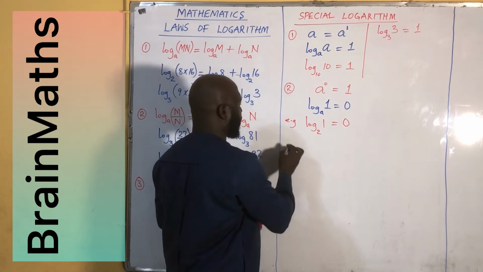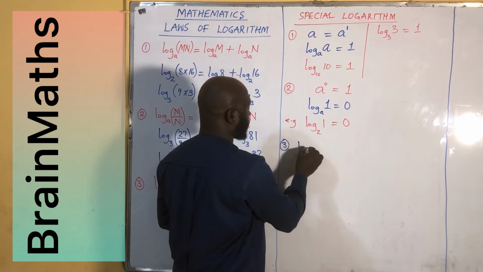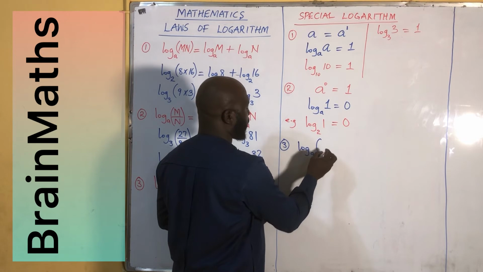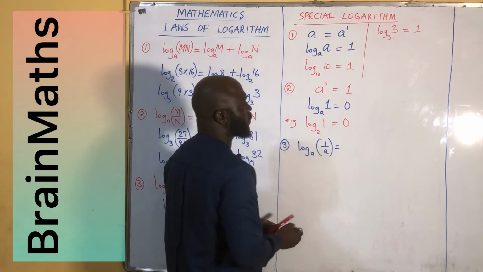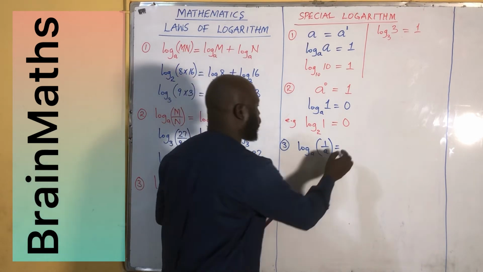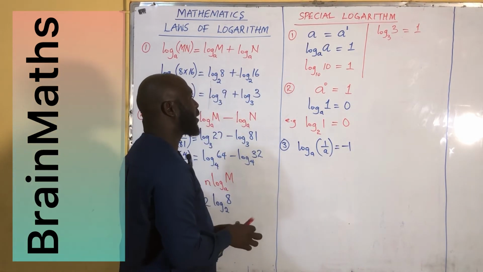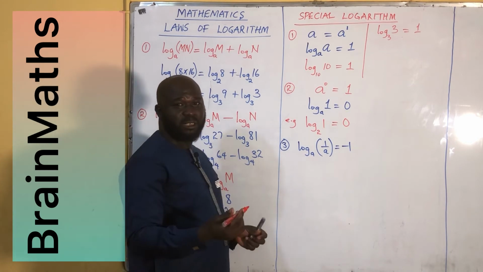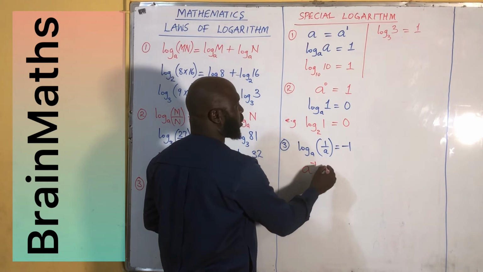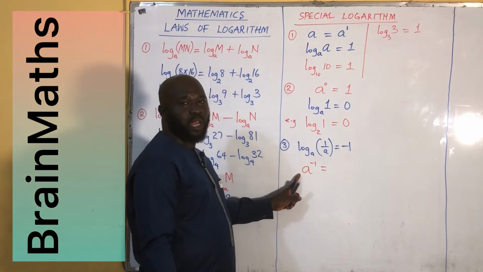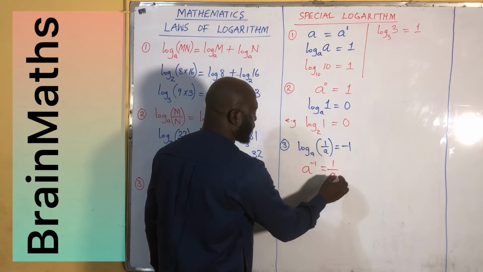The third special logarithm says logarithm to base a of 1 over a equals minus 1. Where have we derived this? If you don't forget as well from our previous lessons, we said whenever we have a raised to power minus 1, a raised to power minus 1 can be rewritten as 1 over a.